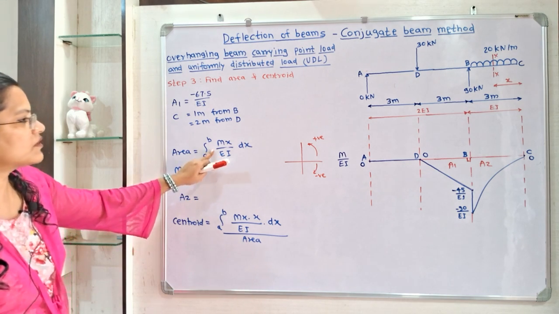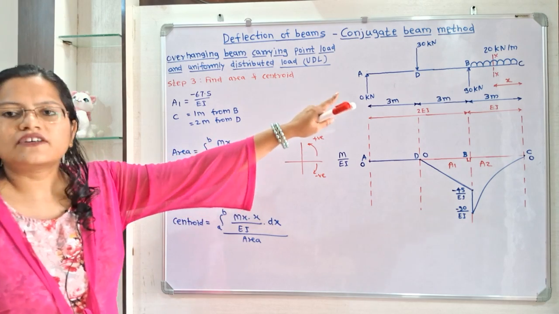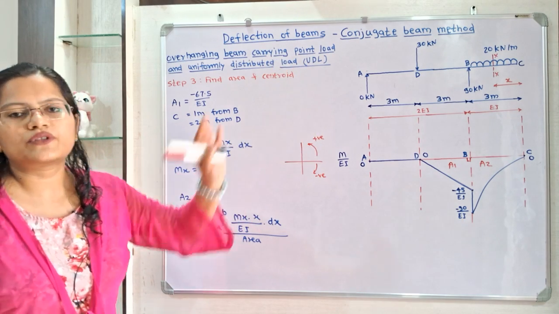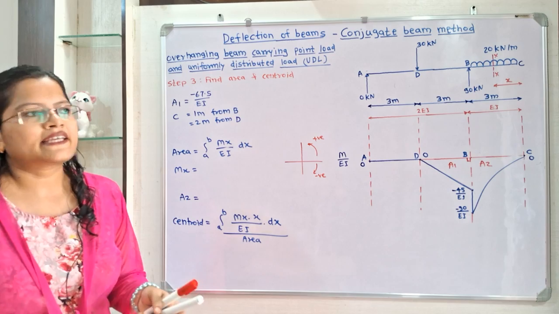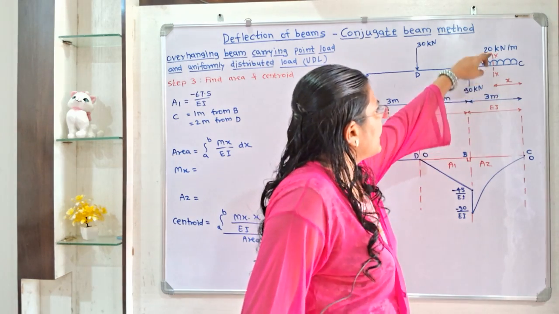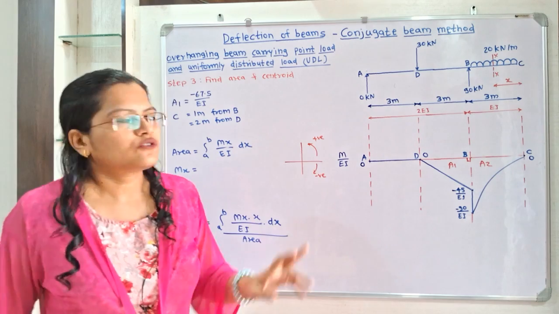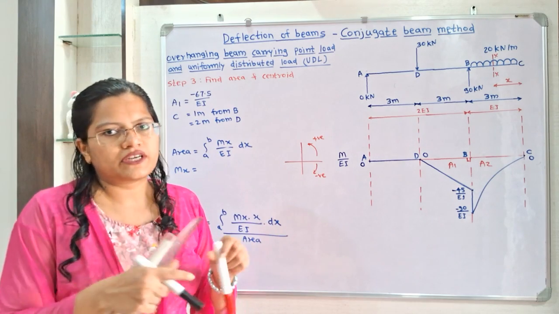Now if we observe, for the section BC, the end C, that is the free end, is nearer to this section. So we will take the distance x from the end C and we will take any section xx in between B to C. So it is a uniformly distributed load.